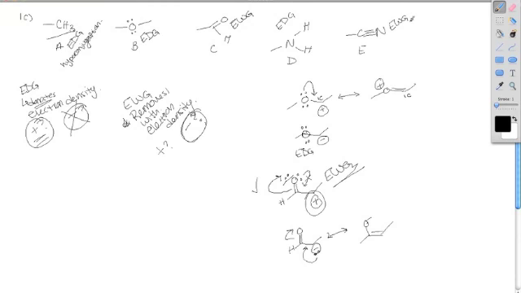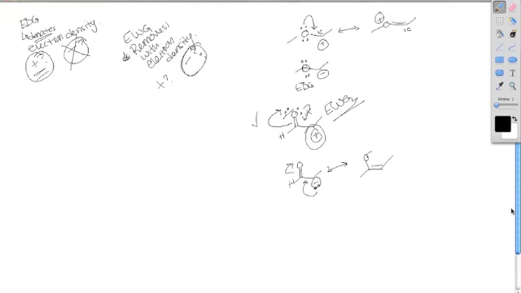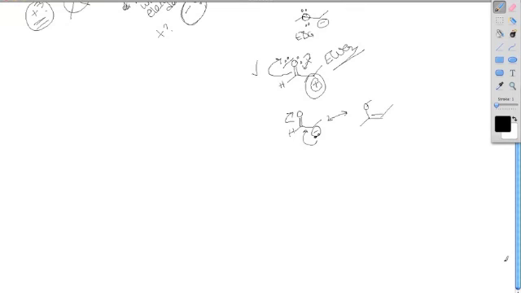I just want to get into a situation that was not touched upon in this workshop. I'm pretty certain that the professor talked about it during class, but what happens when you have an ester? So this is our ester.